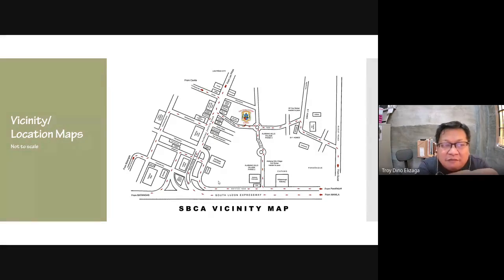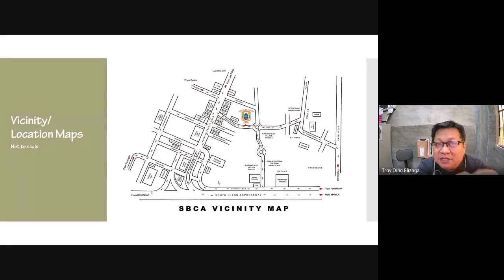Now we also have, if we're going to submit a plan for the building official, we will be asked to include a location map or vicinity map. The main reason for the vicinity map is for the building official to know where the project is so that he can visit.